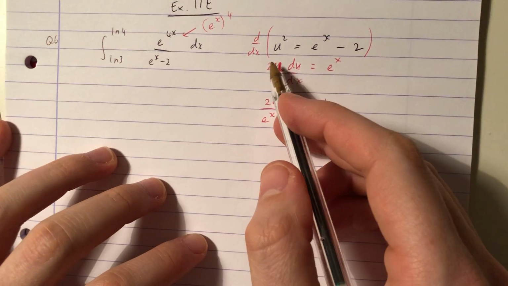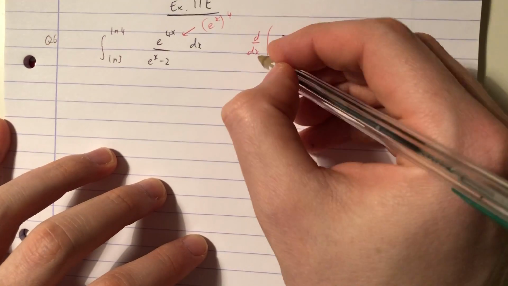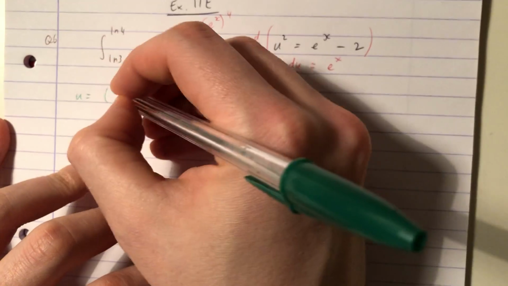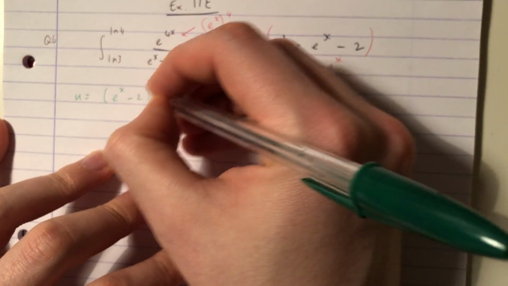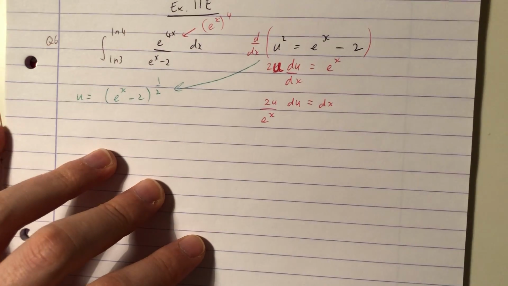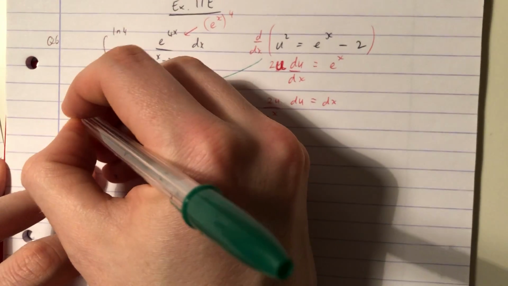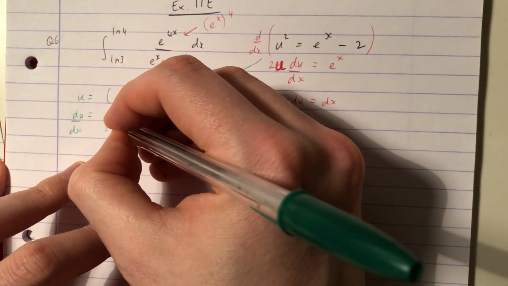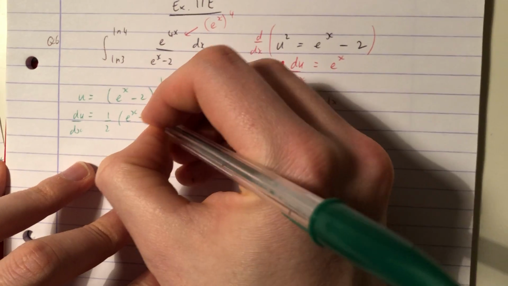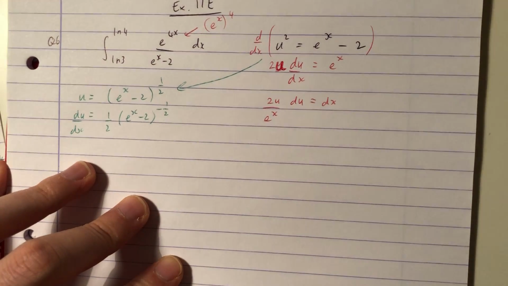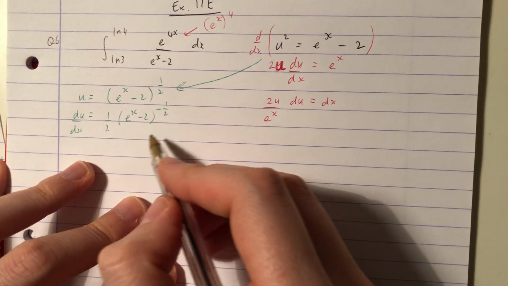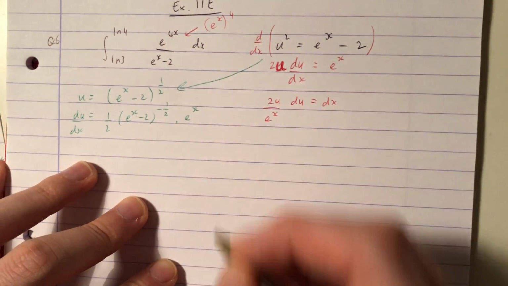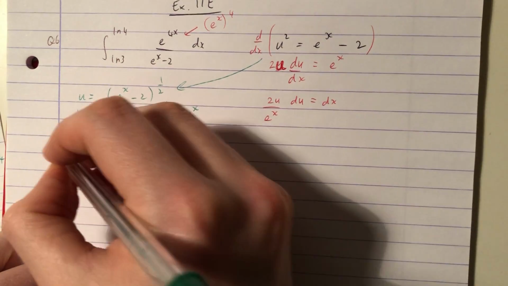You could do it other ways though, and if you just made u the subject, for example, so u is equal to square root everything, write it to the power of a half. So you can actually differentiate. du by dx would be equal to, bring the power down, knock one off the power. But the chain rule says you've got to times by that bracket differentiated. Now what does that bracket differentiate to? e to the x.